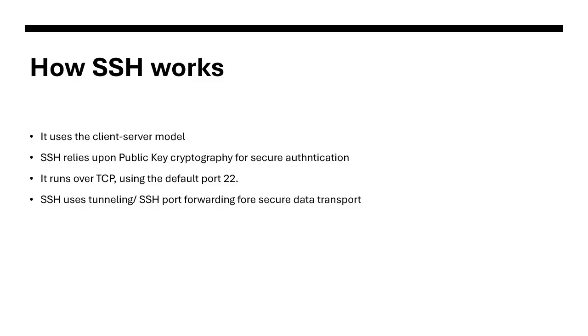Secure Shell uses the client-server model. The client-server model is when a client initiates a request for a service or program, and then the server responds by providing the request. Secure Shell relies upon public key cryptography for securing authentication. Public key cryptography uses two separate keys, a public key and a private key.